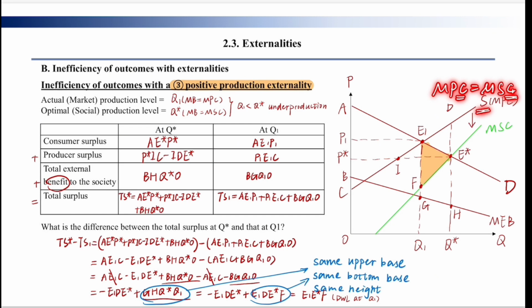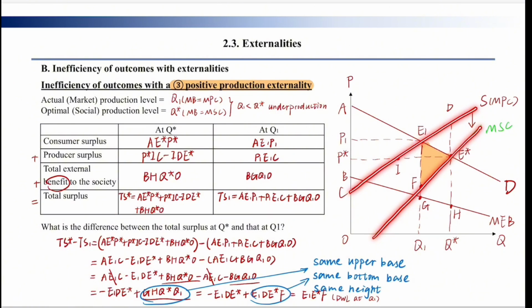So if there are some benefits, our cost will decrease, right? So the MPC curve will decrease to this line. This new supply curve is called MSC. We need to know that these two lines are not parallel, because the MSC is equal to MPC minus MEB.